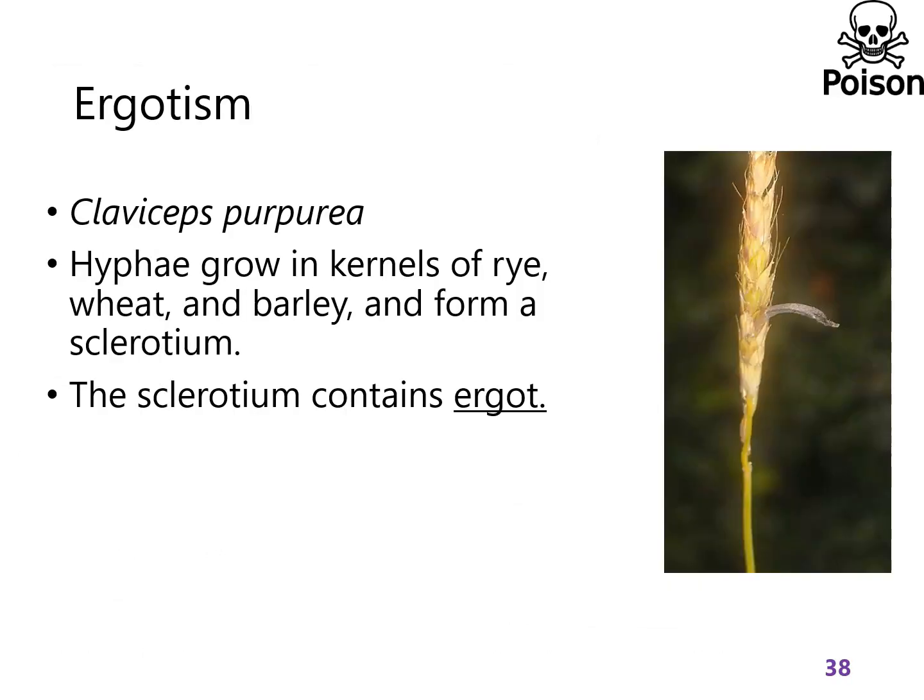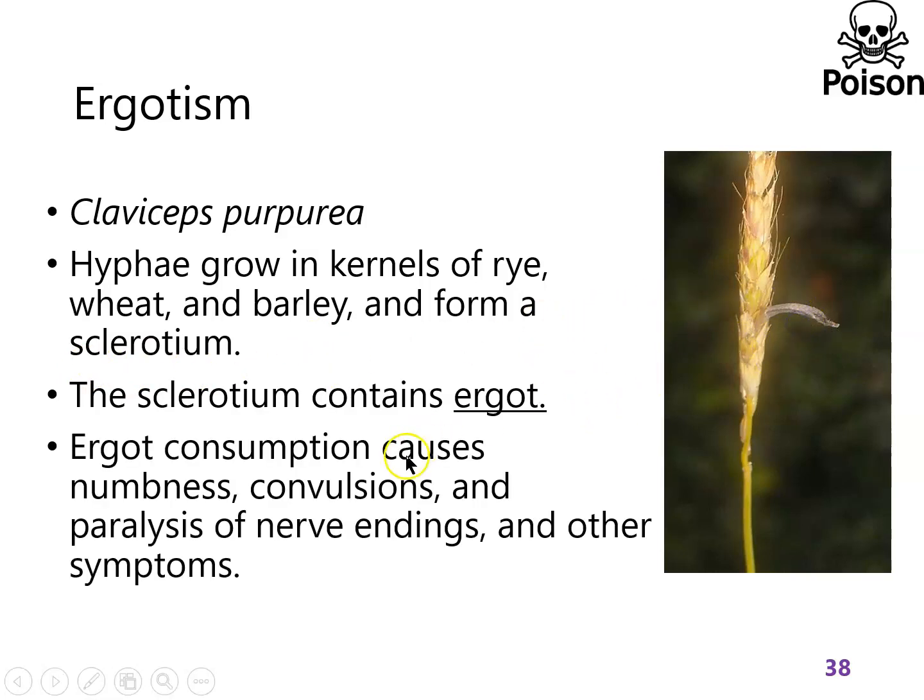Ergotism is the next one, and this is the famous one. Some people think that if you're poisoned by this, you will hallucinate. Other people don't. Anyway, certain grains can allow this fungus to grow, and it will make this sclerotium that will come out the side, and that contains ergot.